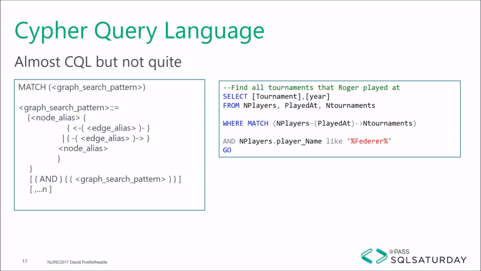The command that SQL has adopted is the MATCH clause that identifies the data that needs to be matched. So in this example you can see that we're selecting the tournament and the year from the players node, the played_at edge and the tournament node, with a match statement that says players who played at those tournaments, and then a filter just to limit it to Roger Federer's results.